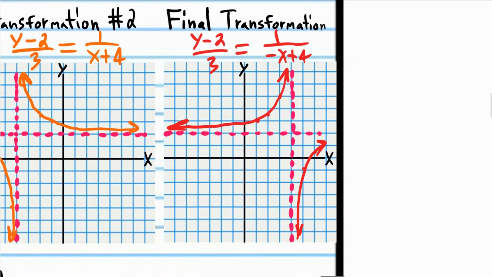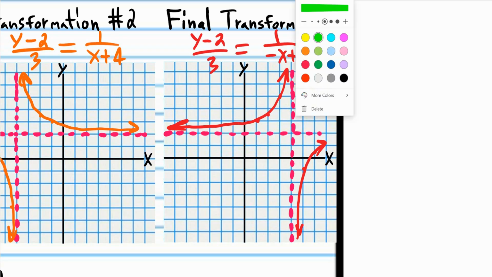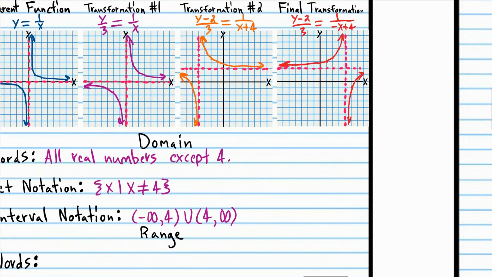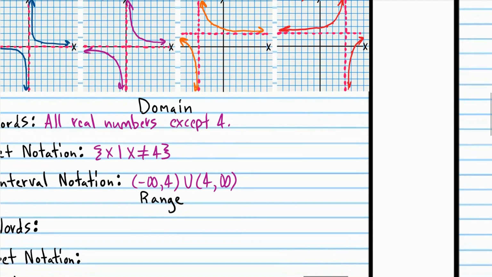Now, there are no points on the red graph that have a y value of 2 because we have this horizontal asymptote. That's the only y value that is not on the graph.